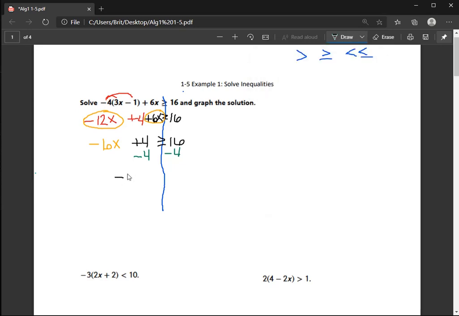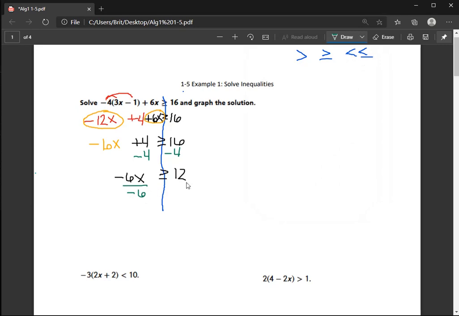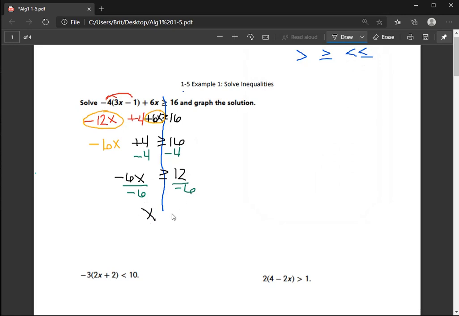My inequality turns into -6x is greater than or equal to 16 minus 4, which is 12. Then to remove a multiplication of -6, I'm going to divide by -6. I have an x, and 12 divided by -6 is -2.